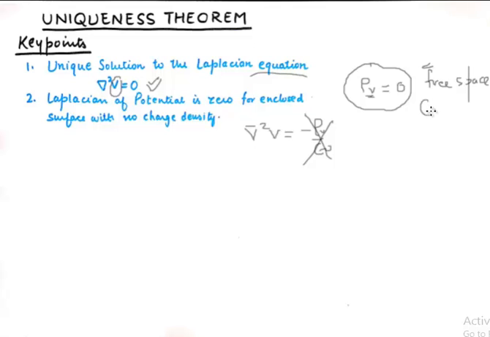And if we consider the case of a conductor, we could have a definitive boundary or an enclosed surface, and the volume charge density inside the conductor is 0 because charge resides only on the surface of the conductor. So that will give me a clear-cut case of an enclosed surface with no charge density. However, both the cases are possible, so we'll look into both the cases while understanding its physical interpretation.